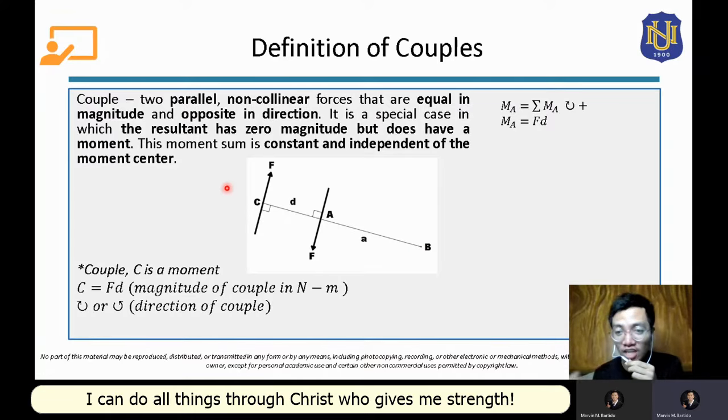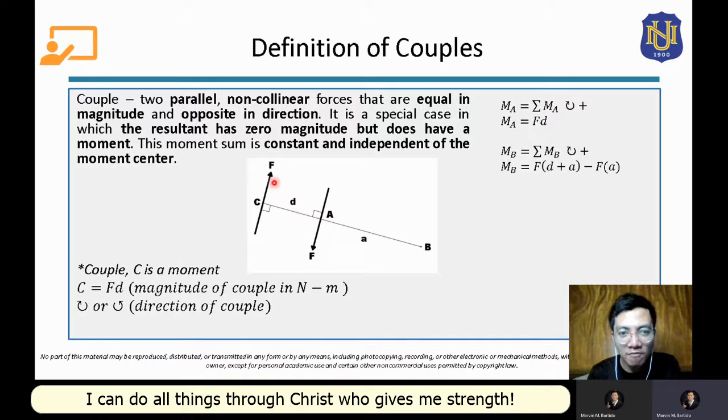So let's check if this will produce the same magnitude and direction of moment. Let's take moment at B. It will just be the summation of all the forces that have moment at point B. We know that these two forces will have a moment at point B, since there's no force here that passes through point B. So let's say we take the moment of the farther force here.